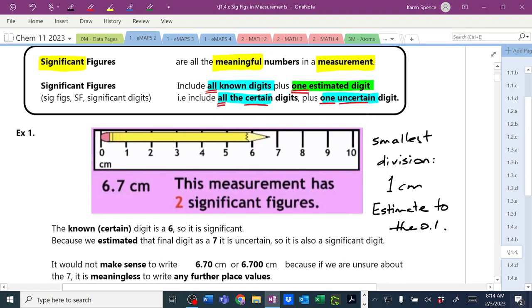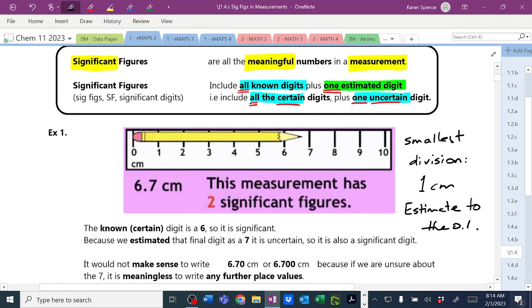When we look at this pencil, we're absolutely certain that it is 6 point something. So the 6 is our certain digit. But the 7, that's the one we're estimating. That could be 6.7, or it could be 6.8, or it could be 6.6. That is our uncertain digit.